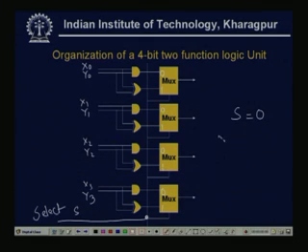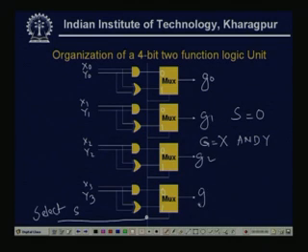So, actually this is x and y, say g equal to x and y. So, we are getting z0, z1, z2, z3.